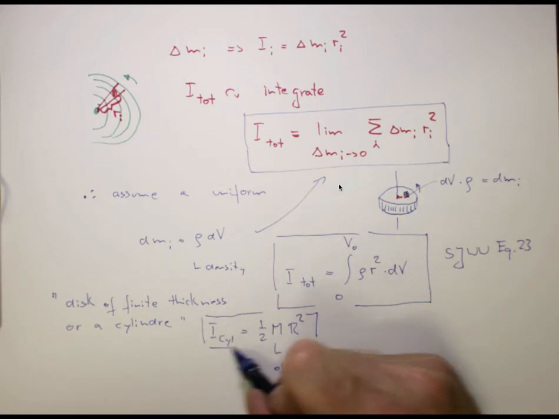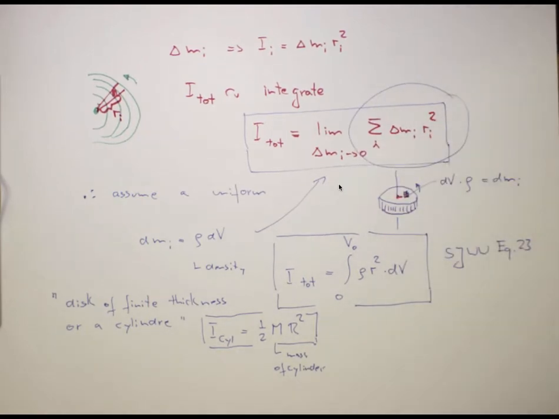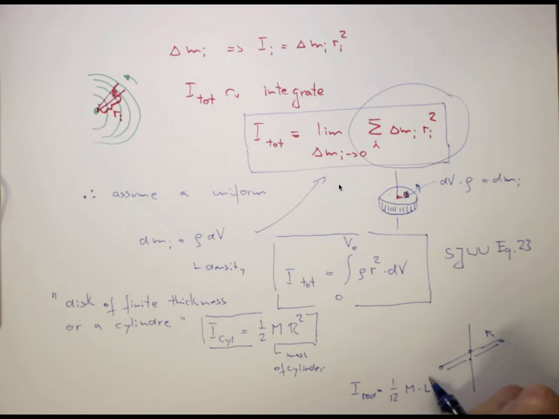That looks rather similar to the most general equation for moment of inertia, but working this out for a rod that rotates like this about an axis through its center gives a somewhat different result. For a rod we get 1/12 m times length squared, so you can see that it's not always 1/2.